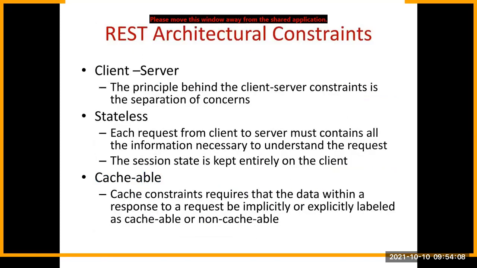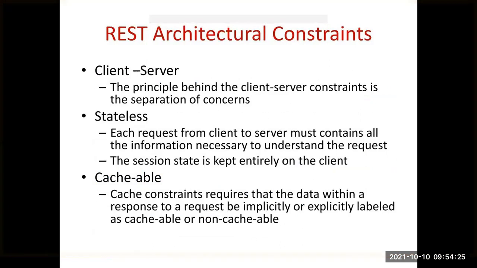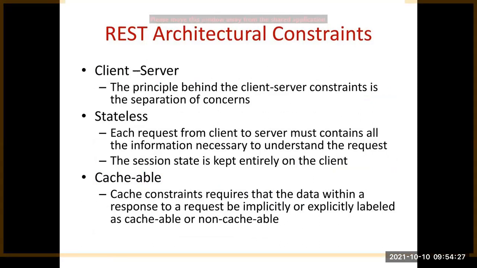Okay, here are the architectural constraints. Client server: the principle behind the client server constraint is separation of concerns. Stateless: each request from the client to server must contain all the information necessary to understand the request. The session state is kept entirely on the client.